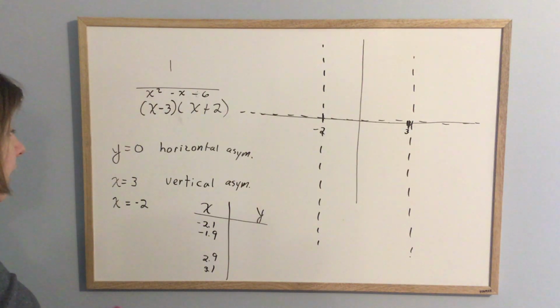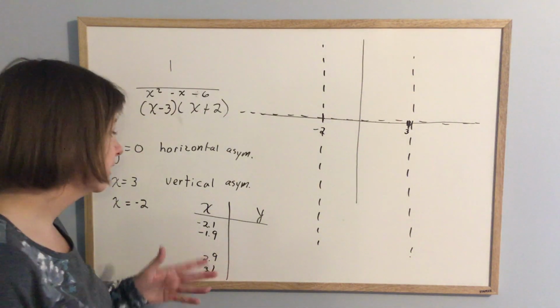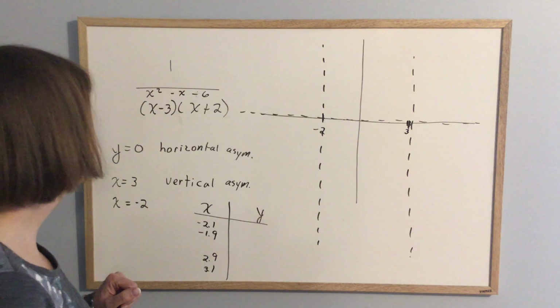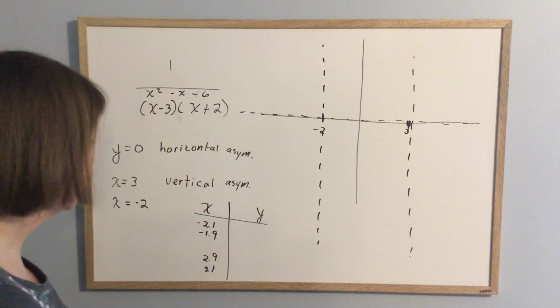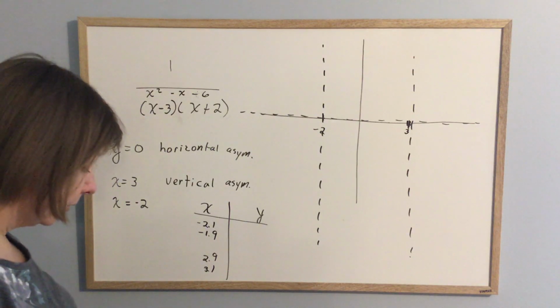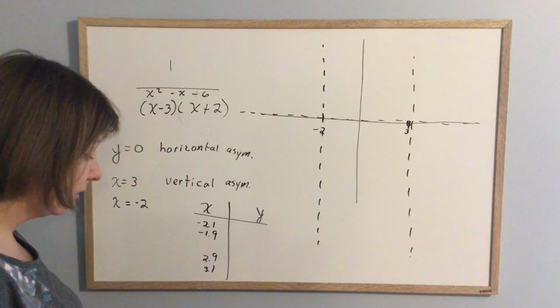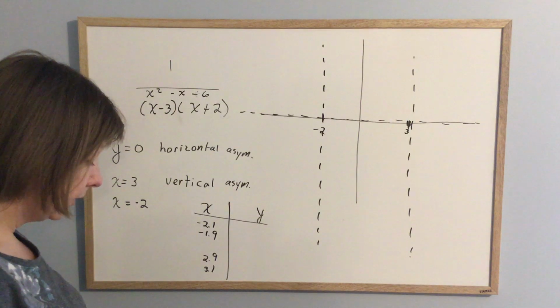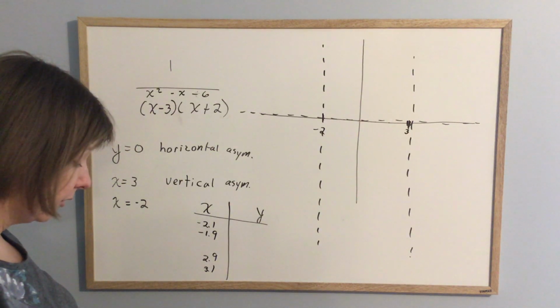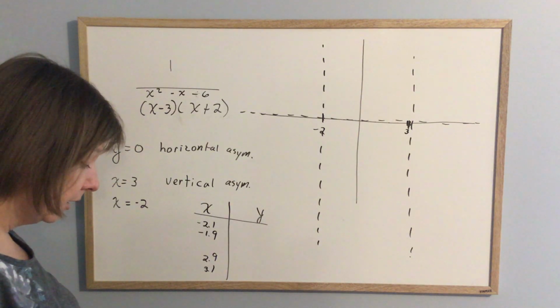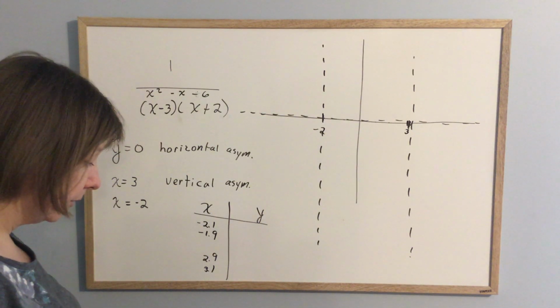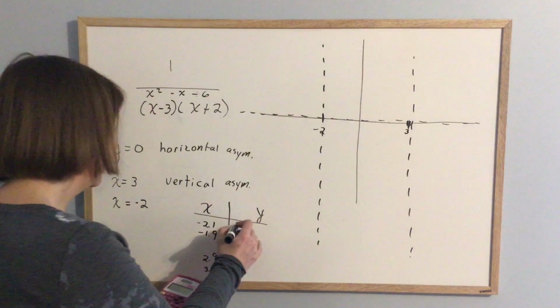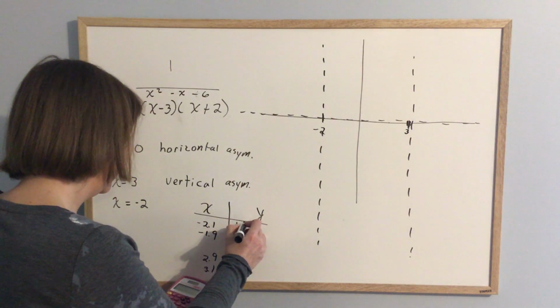I already basically know what this is going to look like, but just to give you an idea, if I do negative 2.1, you can put it into the factored form or into this, it doesn't really matter. So negative 2.1 squared minus negative 2.1, so plus 2.1, minus 6, so 1 divided by that, I get 1.96.